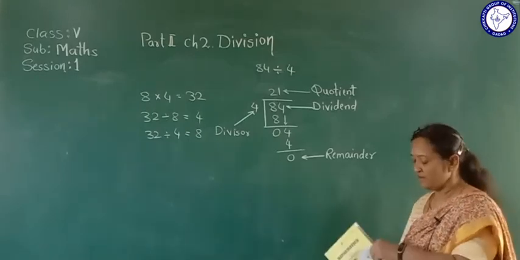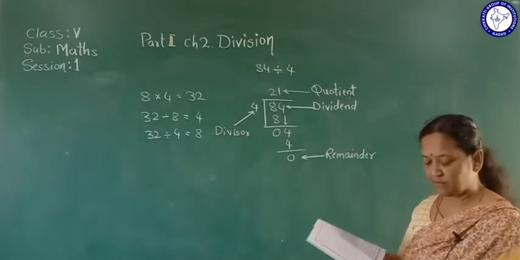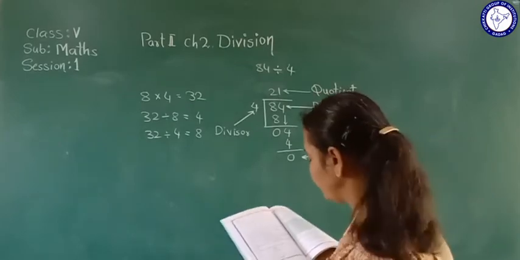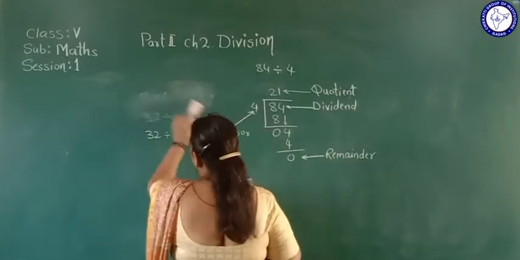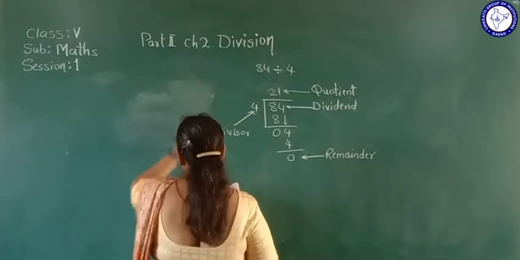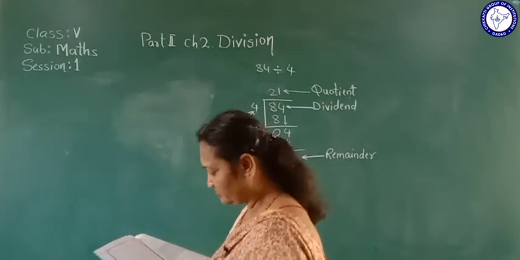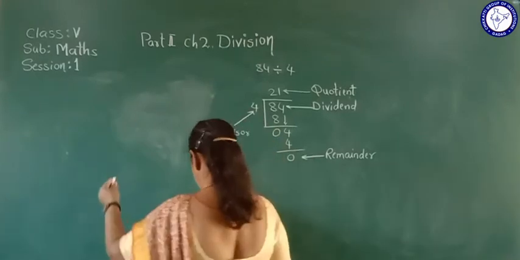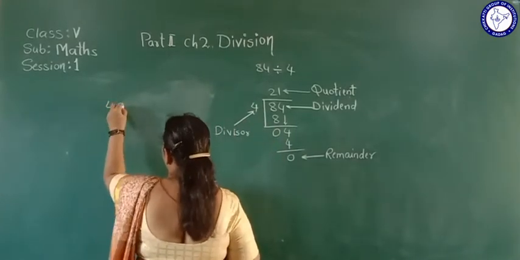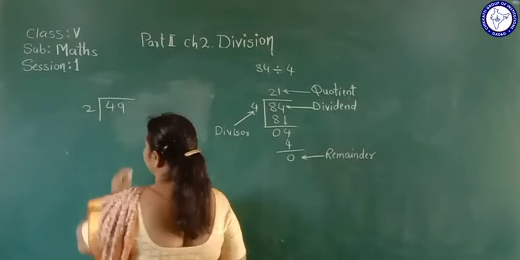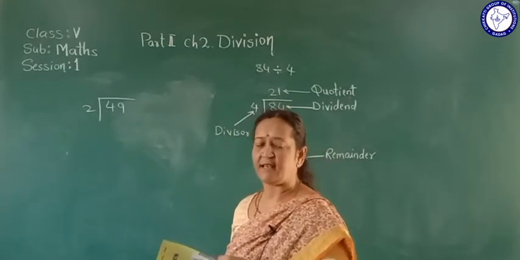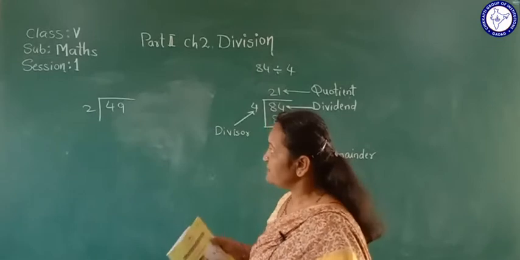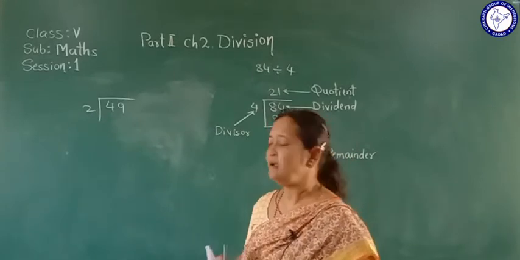Okay, now let me go to another example. Suppose 49 is divided by 2. Then here 2 is the divisor and 49 is the dividend. So let me find the quotient and remainder.